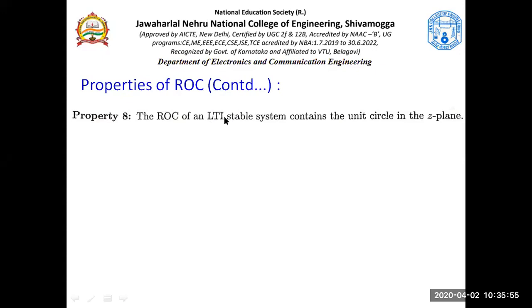For a linear time invariant stable system, the ROC contains the unit circle. What is the unit circle? The unit circle is the circle with radius 1. What is the Z equal to A circle? It is the circle with radius A. The magnitude Z equal to B circle is the circle with radius B. The unit circle is the magnitude Z equal to 1 circle, which means a circle with radius equal to 1.